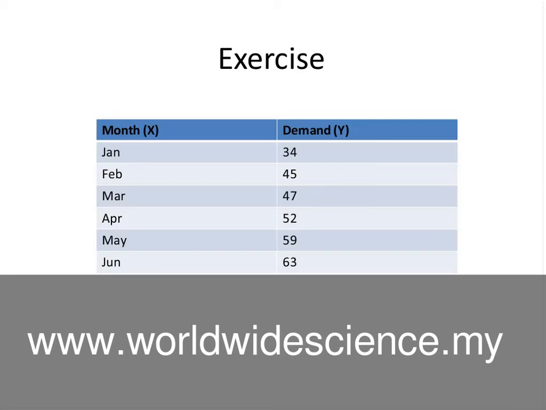No need to calculate like this. It's enough to calculate the linear equation: y equals 29 plus 6x, because x and y are variables, and A and B are constants that should be calculated. We calculate A and B by use of the formula, and after that we replace them in this linear equation.